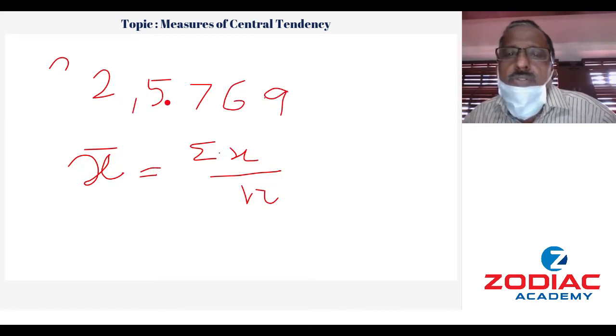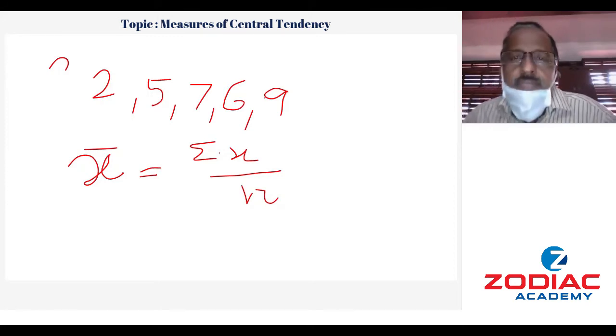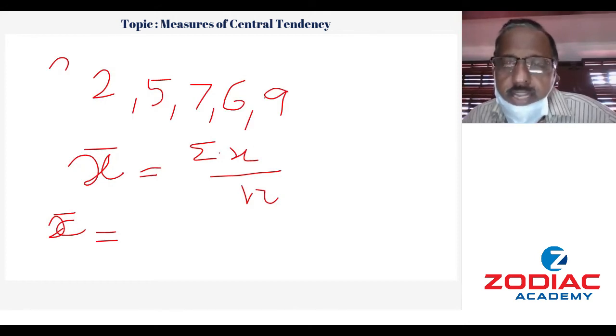The arithmetic mean of these values is calculated by the formula x bar is equal to sigma x by n. Sigma x means 2 plus 5 plus 7 plus 6 plus 9.